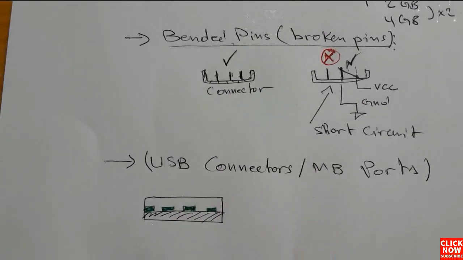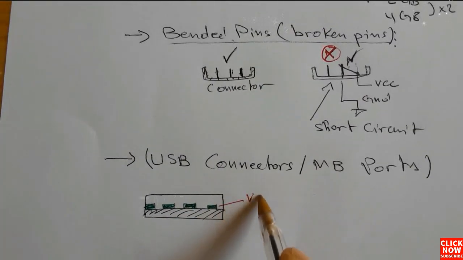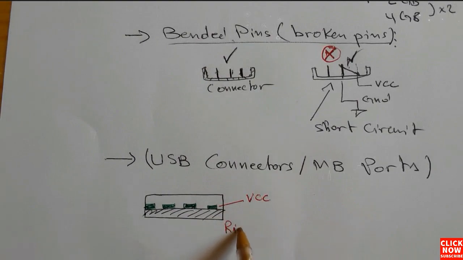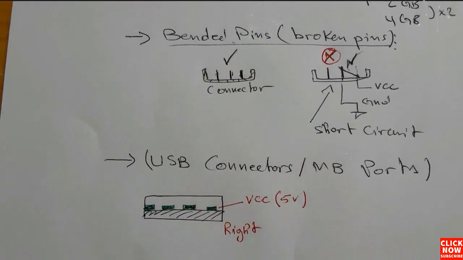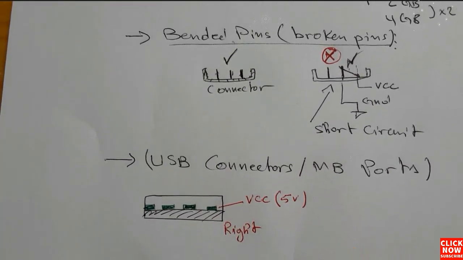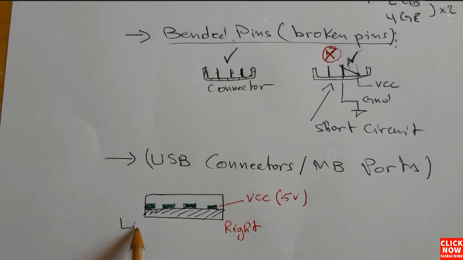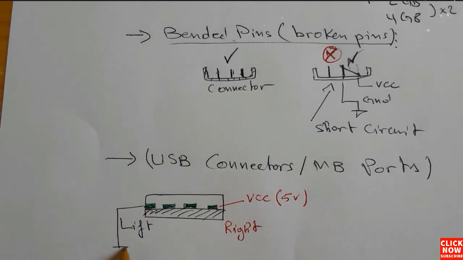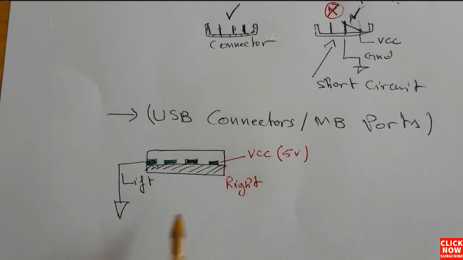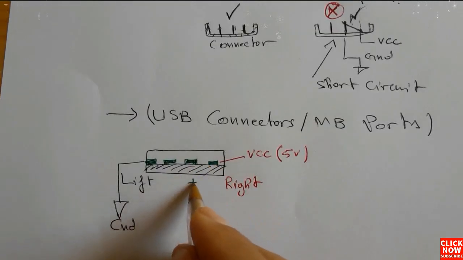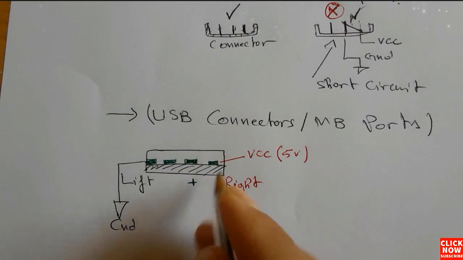Basically the pin on the right is for VCC, as you can see. Here we have VCC, and for USB we have 5 volts. Always on the right pin of the USB connector we have 5 volts. The pin on the left is connected to the ground, and in the middle we have 2 pins.